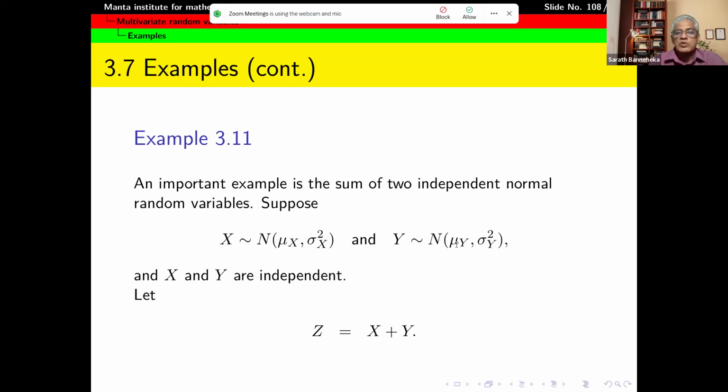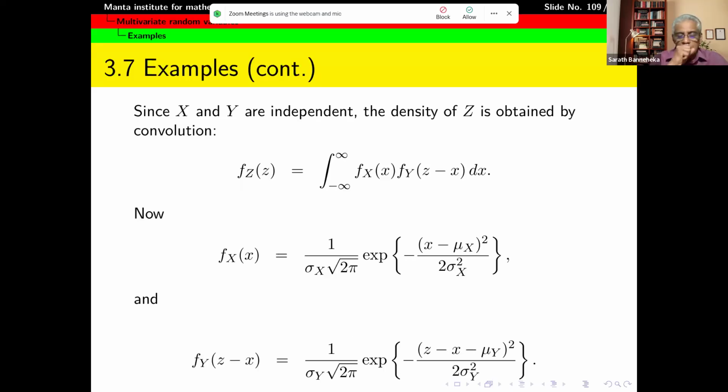Y has a normal distribution with mean mu y and variance sigma square y. Therefore, we know their densities. We can get fx at x by this expression, and fy at z minus x by this expression. Right, instead of y, we have to substitute z minus x in the density function of y.